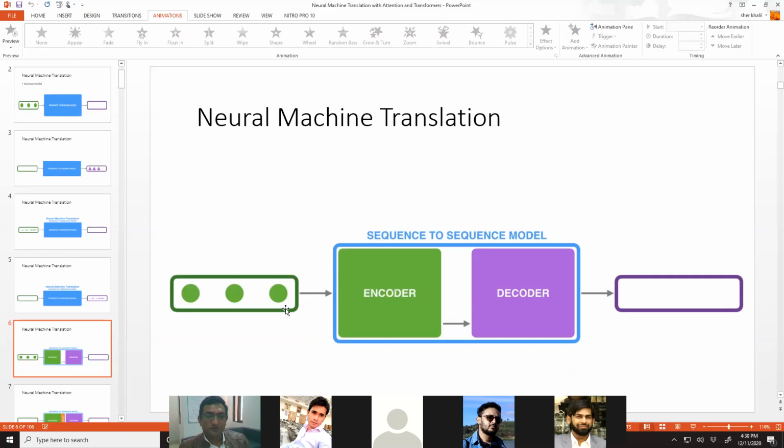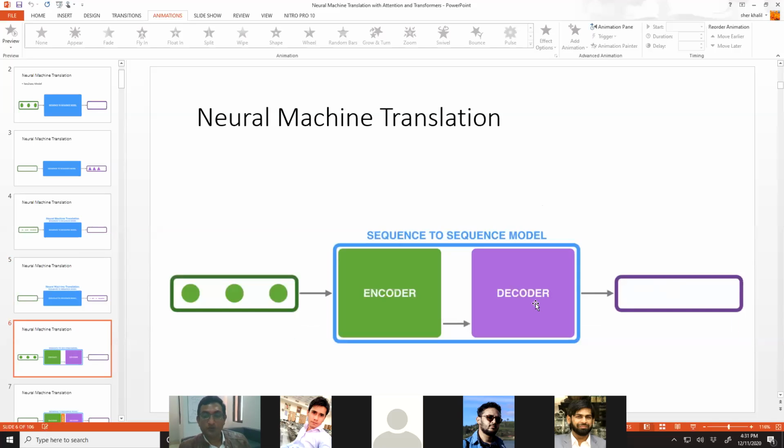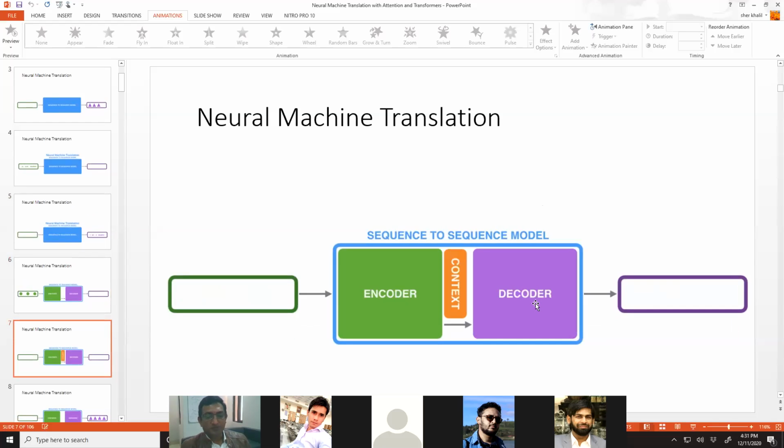The encoder will encode this sequence in one format, and the decoder will get that encoded sequence, and from it, the decoder will be able to recover another sequence, right? So when you go in depth into the sequence to sequence model, it is just a combination of encoder and decoder, right?